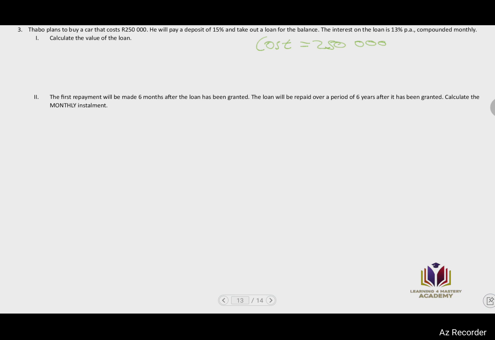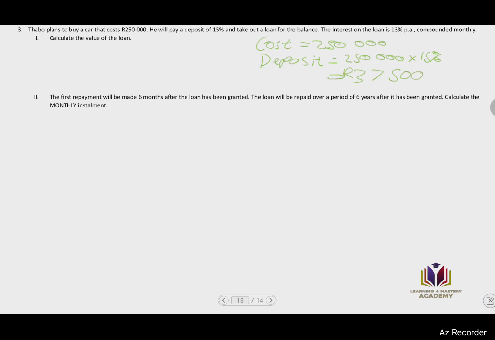He will have to pay a deposit of 15%. 15% of what? 15% of the cost of the car. Meaning if we had to calculate the deposit, we would say 250 multiplied by the percentage of the deposit, which is going to give us 250 times 15% gives you 37,500.